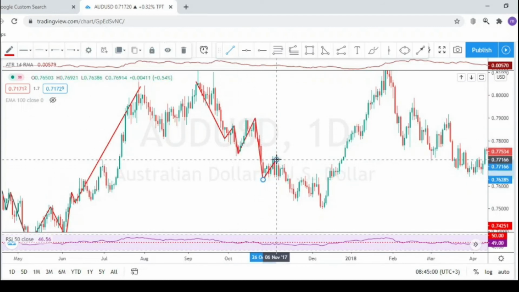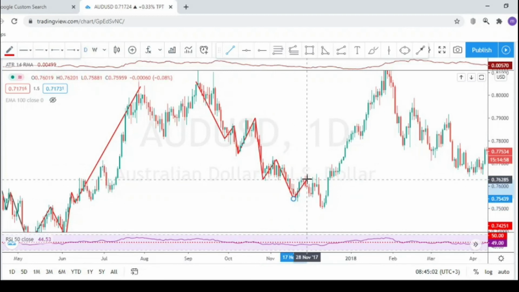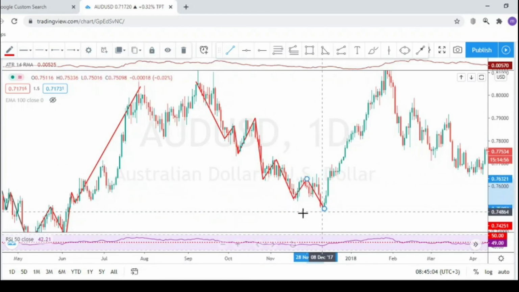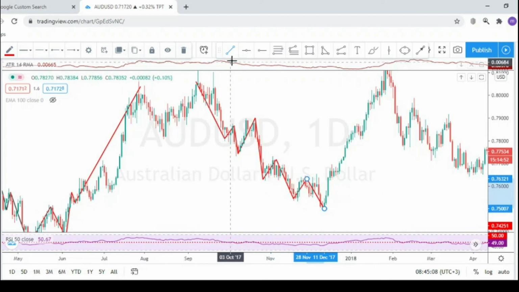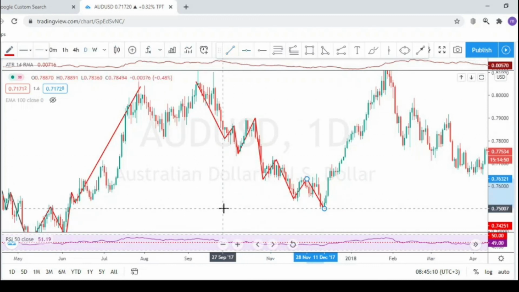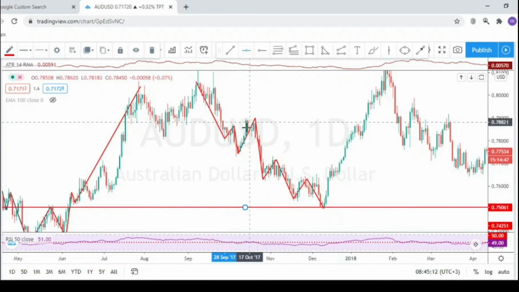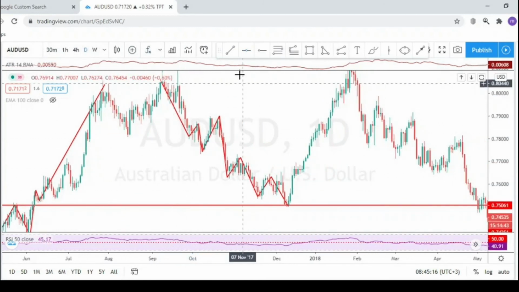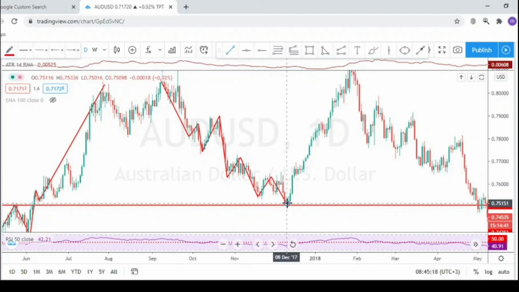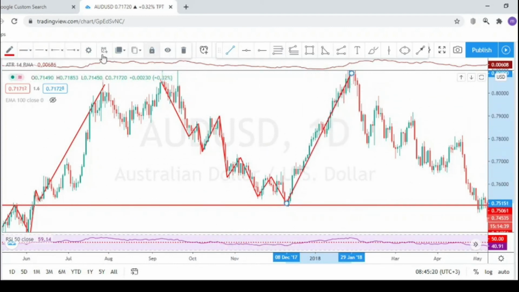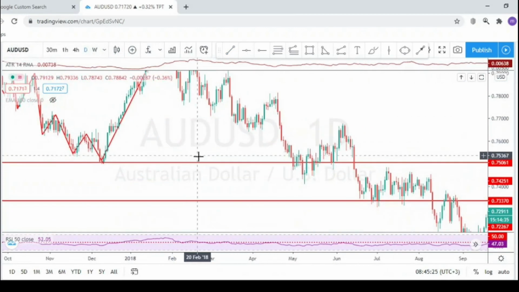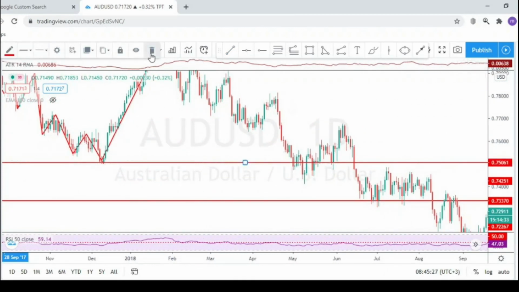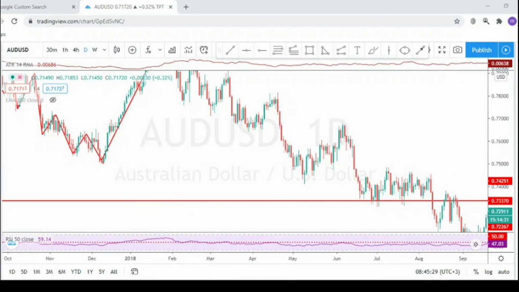As you can see here, then it reached this key level of the structure, this dynamic key level of structure. What do you see when this market reached this dynamic key level of structure? A big move to the upside. And we can go on and on and on with examples, guys.